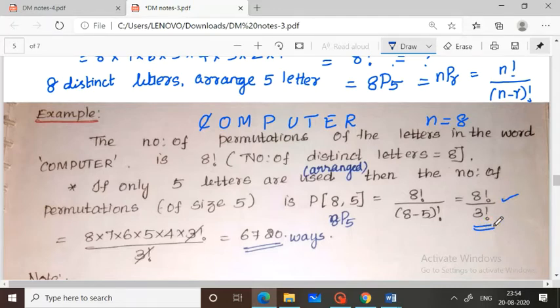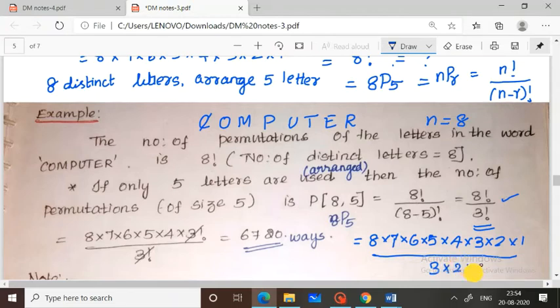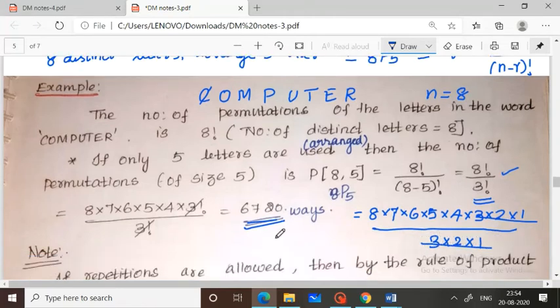This can be written as 8 into 7 into 6 into 5 into 4 into 3 into 2 into 1 by 3 factorial, which is 3 into 2 into 1. So this 3 into 2 into 1 gets cancelled. Remaining, when you multiply, you will get an answer of 6720.